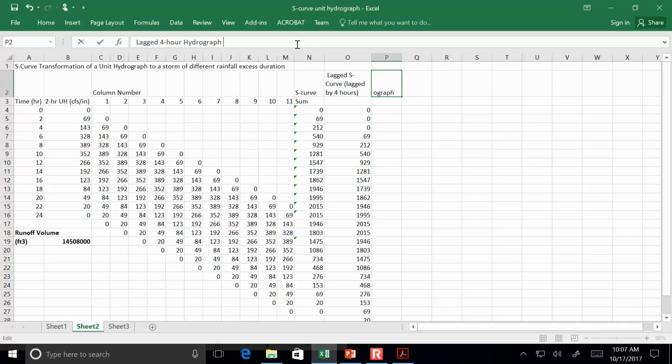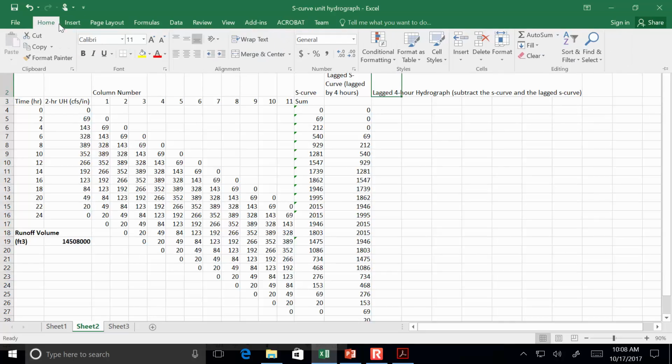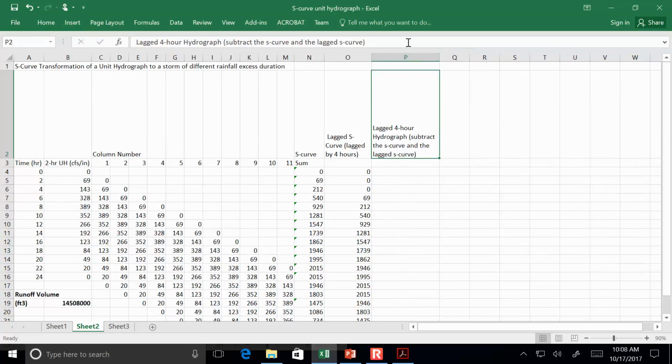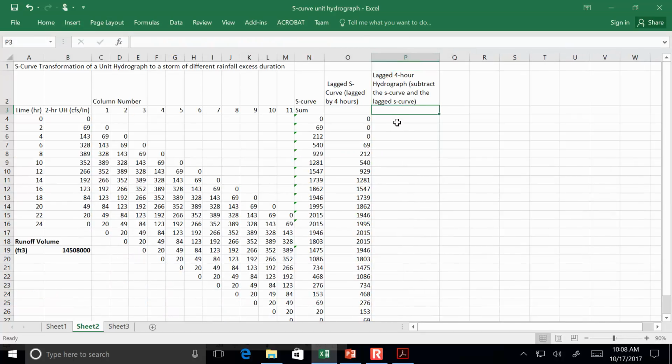So I'll put in parentheses here, subtract the S-curve and the lagged S-curve. Okay. So equals the S-curve minus the lagged S-curve.